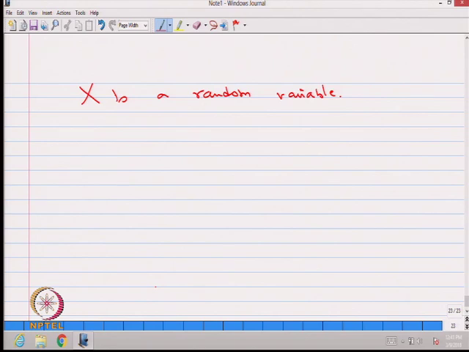Now, we will go for finding the cumulative distribution function of the random variable X. That is defined as capital F of x, that is P of X is less than or equal to x. For all possible values of x, F of x is defined as P of X less than or equal to x.